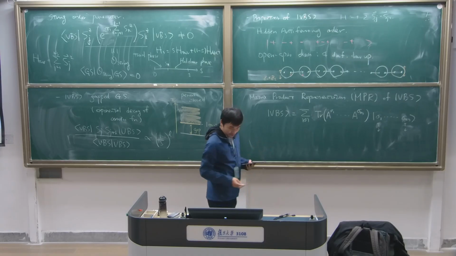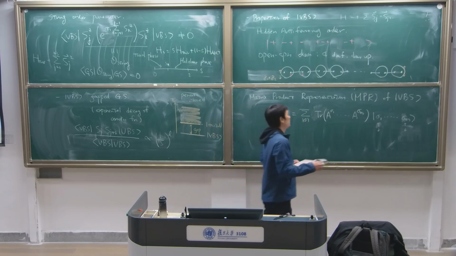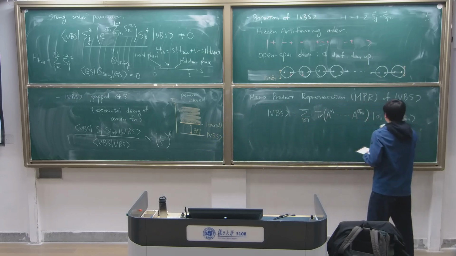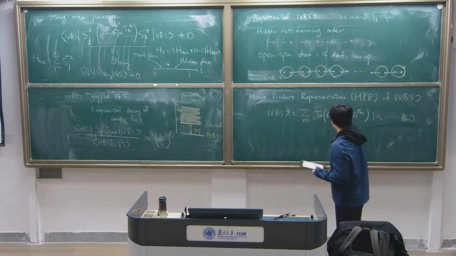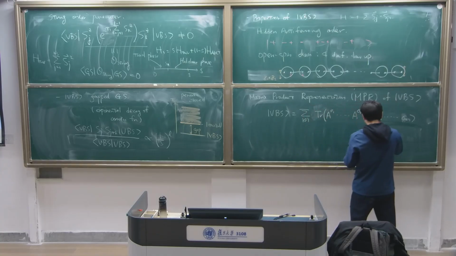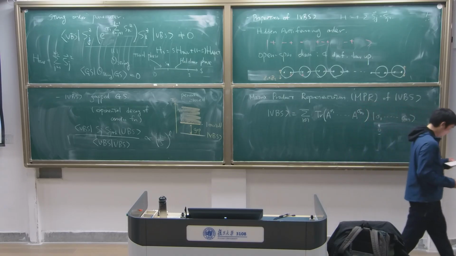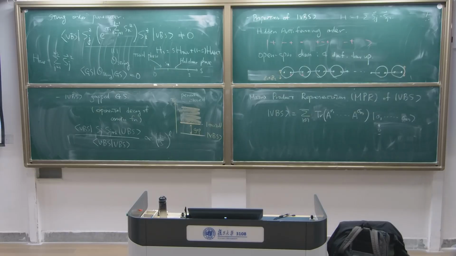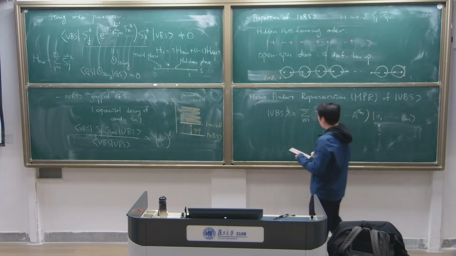No, sorry. This one is plus, and sigma is plus, 0, and minus. You can have a plus, 0, and minus, and A is a 2 by 2 operator.